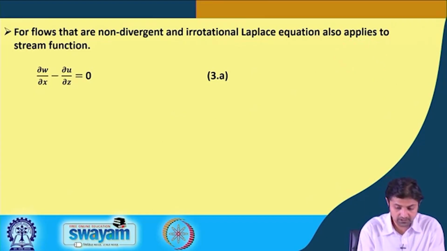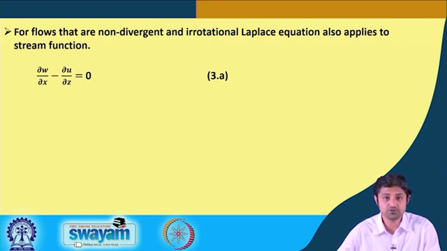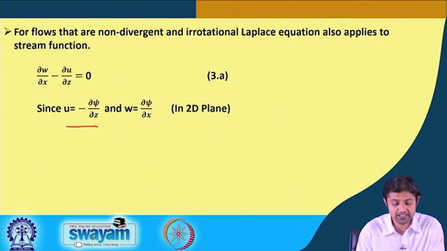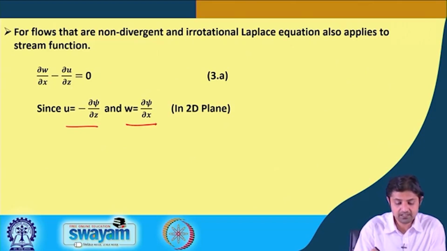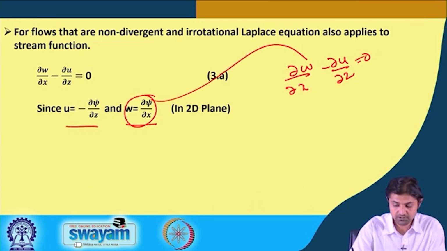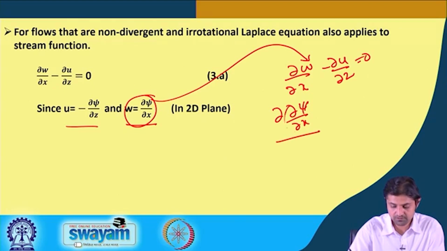So the stream function, as it can exist only in 2D, can be written as del w by del x minus del u by del z, because the flow is irrotational, all right. Now using the definition of a stream function, if u is minus del psi by del z and w is del psi by del x, and if we put this, we say del w by del x minus del u by del z is equal to 0.